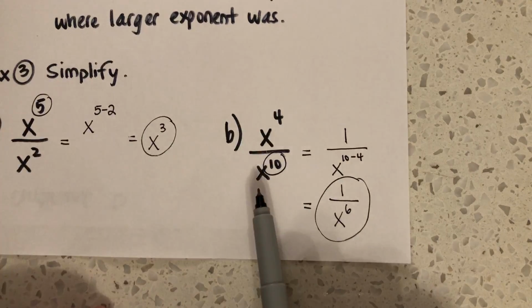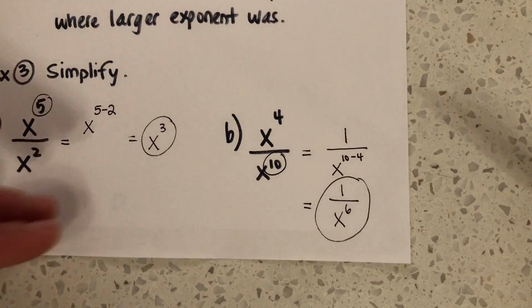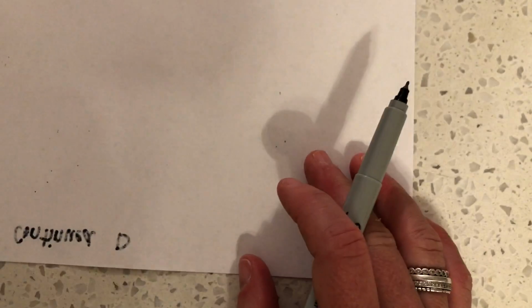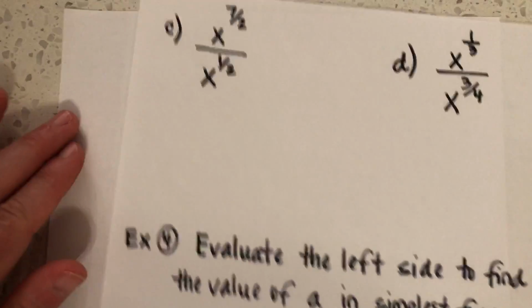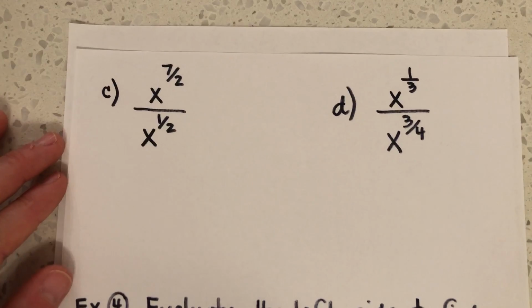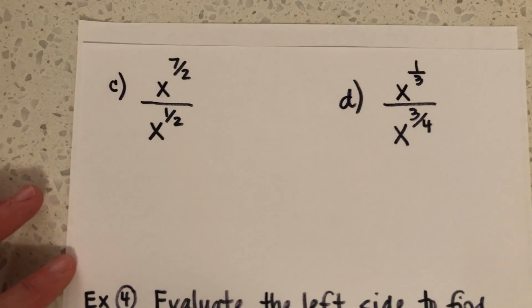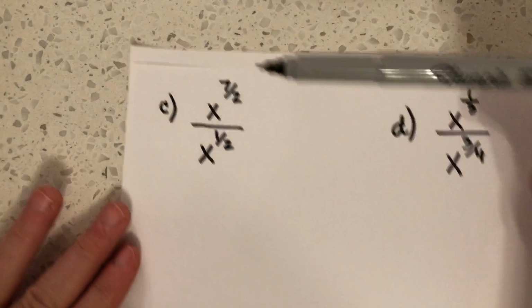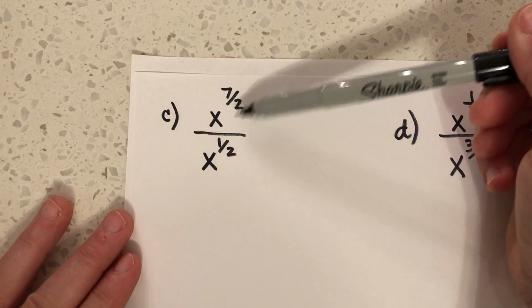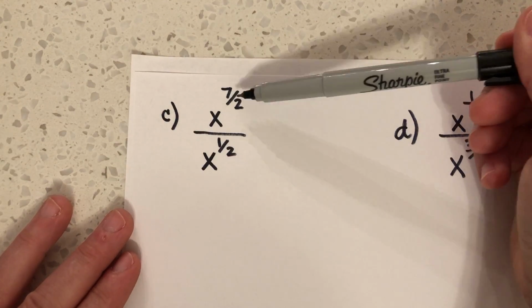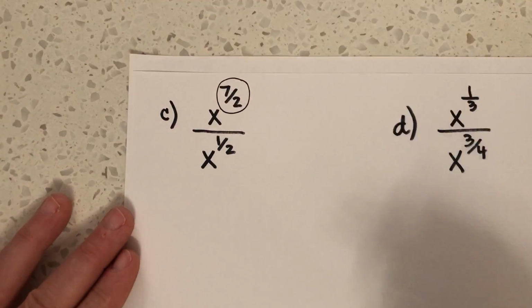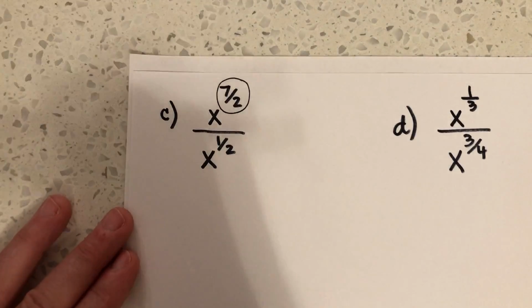Now you're just going to have to be able to do this if your exponents were fractions. Okay, look at this example. If you had x to the 7 halves divided by x to the 1 half, well, you have to know which one is bigger. Would you rather have 7 halves or 1 half? Definitely 7 halves is bigger. So your bigger exponent is on top. So you're going to subtract your exponents and put them back on the top.